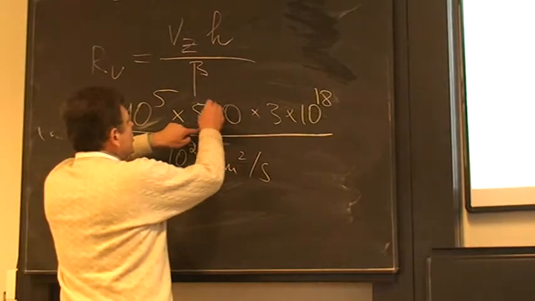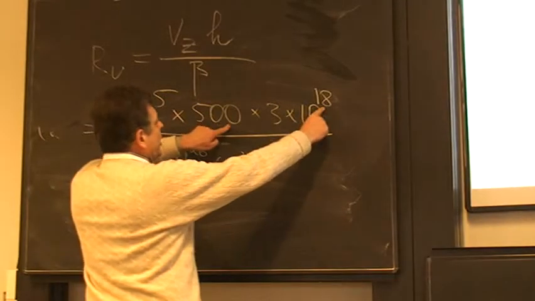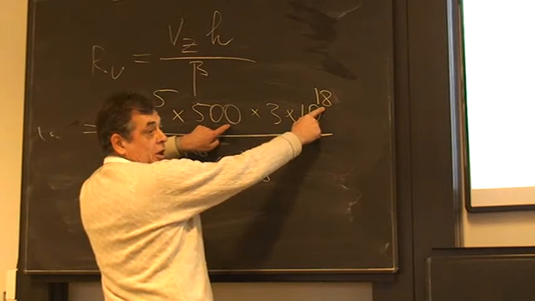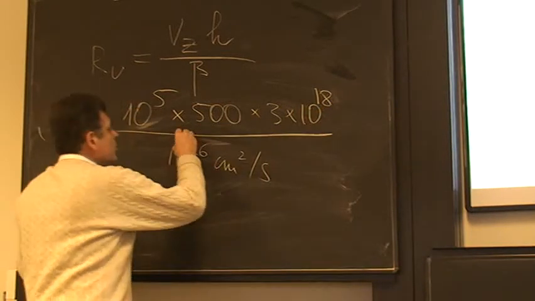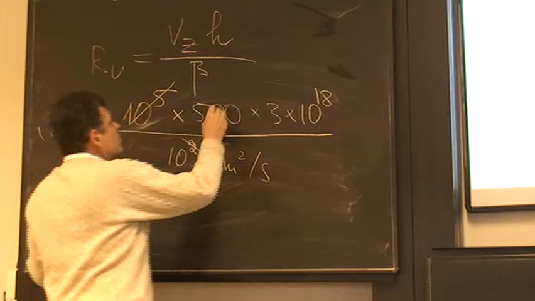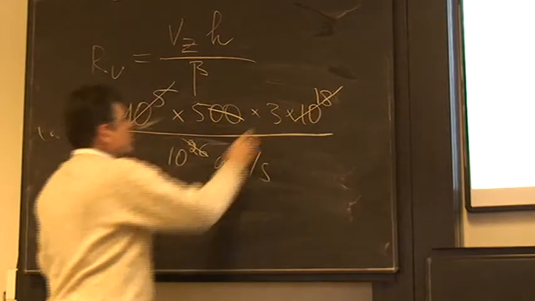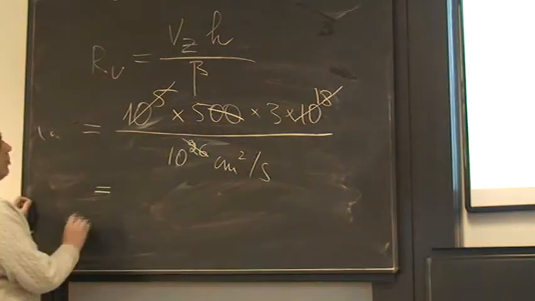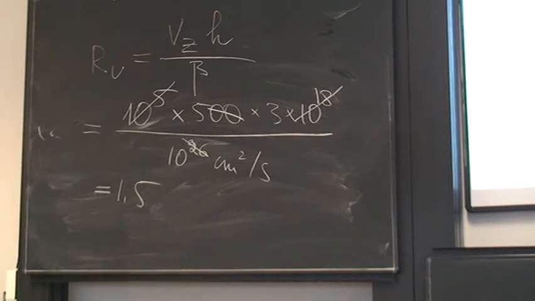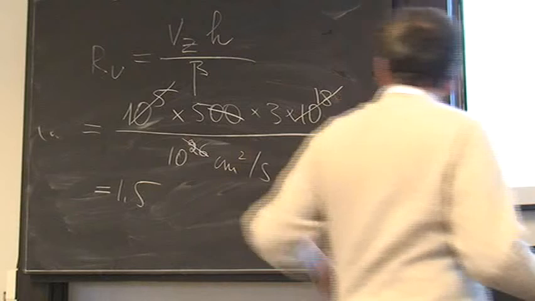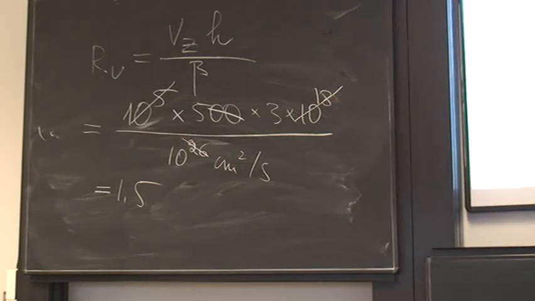So these two zeros and 18 give me 10 to the 20th, 10 to the 25th. So this goes, this goes, and this goes, right? 15 divided by 10, 1.10. This is what I expect from this crude estimate. What was the previous stuff?